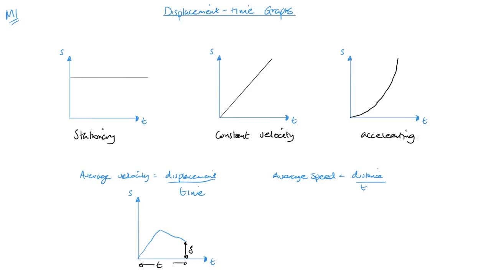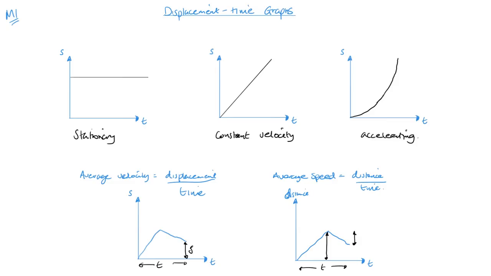Now speed is a little bit different because that is the distance over the time taken. So that's the total distance. If I had a similar graph here, but this now would be, say, D for distance, I'd have to measure to this point and then measure to this point, because I'd need this distance plus this distance, and that would give me the total distance divided by the time.